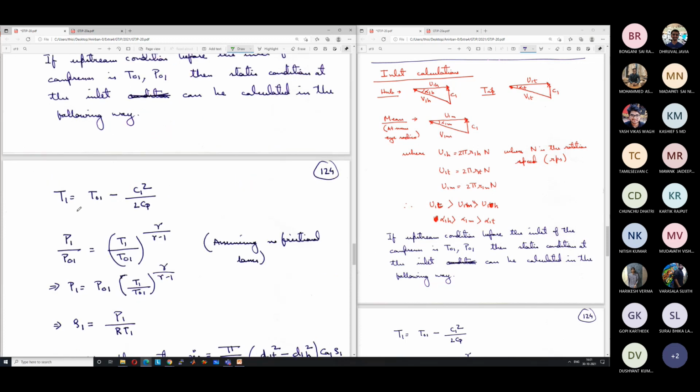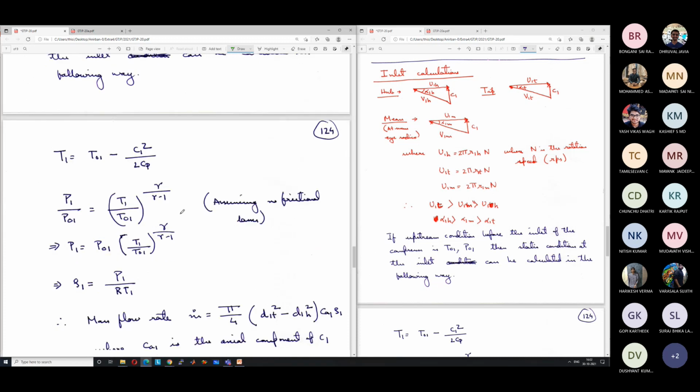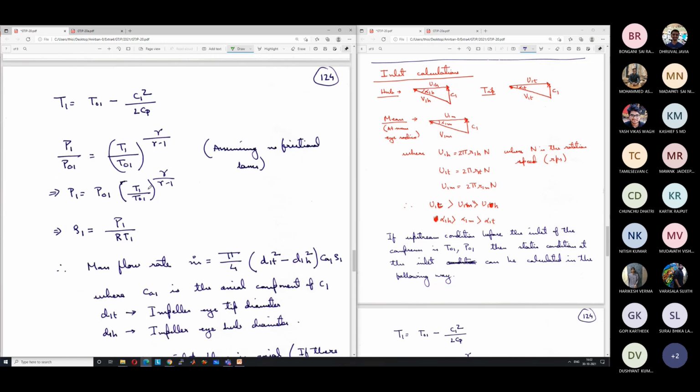Once we find the static temperature, we can find the static pressure using the isentropic relation: P1 by P01 is equal to T1 by T01 all to the power gamma by gamma minus 1. And we can find the static pressure P1. And density is P1 by RT1.